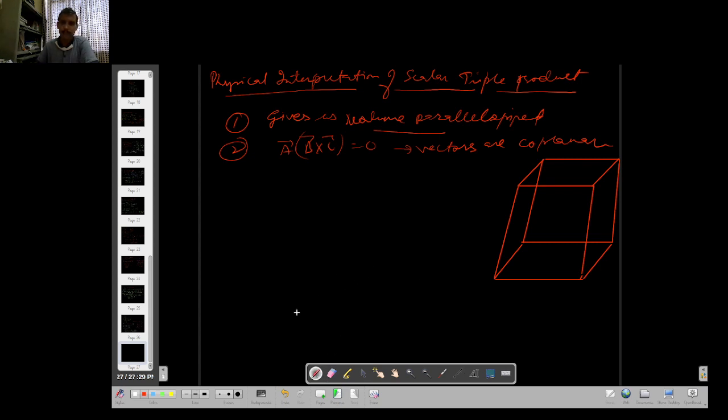Now let us say that it's a B vector and let us call it as a C vector. Then B cross C will represent the area of this region, right? So this is basically B cross C. It is the area. Now if I draw a perpendicular from here over it, let us call it H.